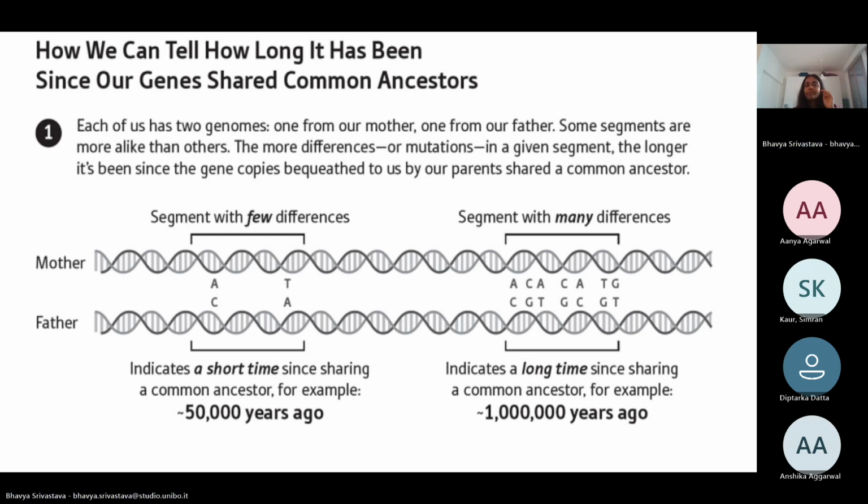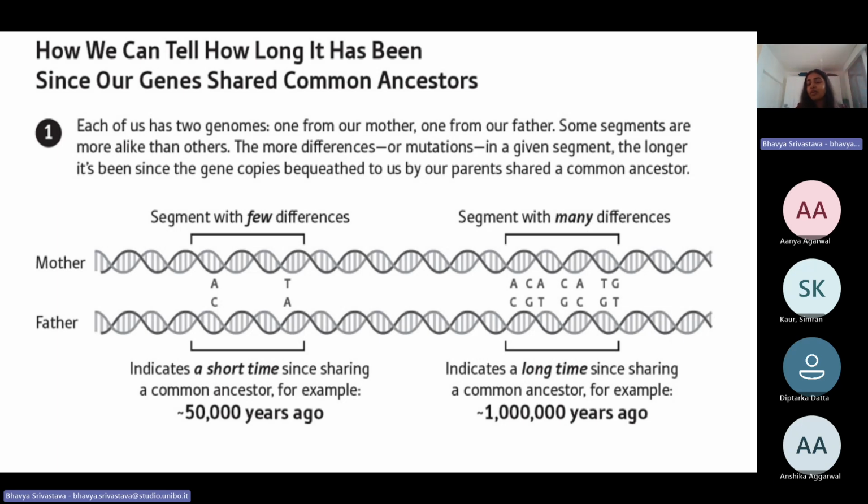If you think about this in such a manner, let's say you have Neanderthal DNA extracted from some Neanderthal skeleton, and then you have the DNA of a Homo sapien existing almost at the same time, maybe 50,000 years ago, and you look at their DNA, you would see that there are differences. But if again I take the Homo sapien DNA and compare it with, let's say, an Australopithecine DNA, there'll be more differences.